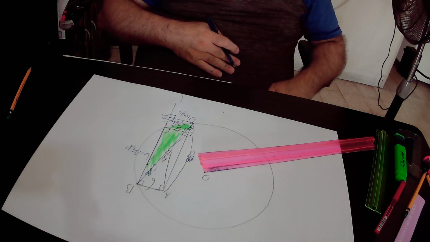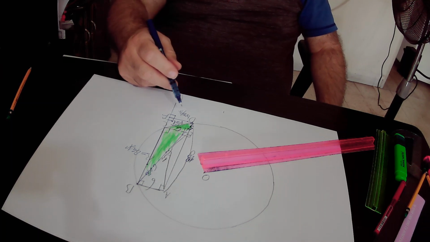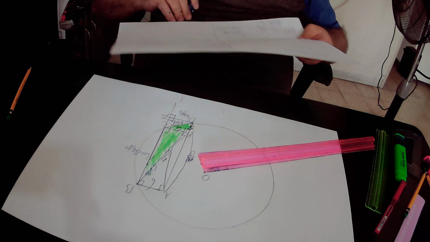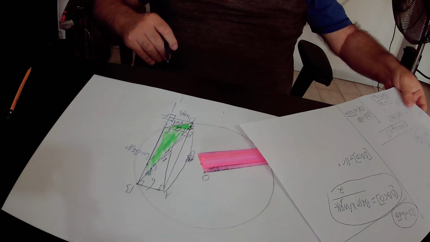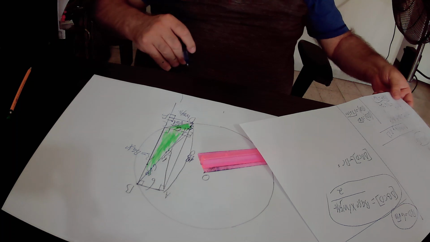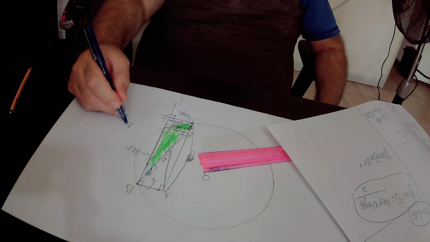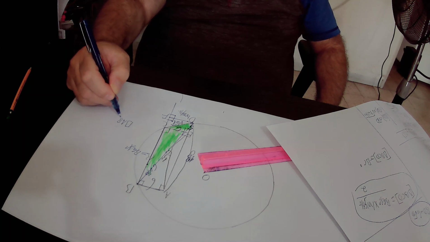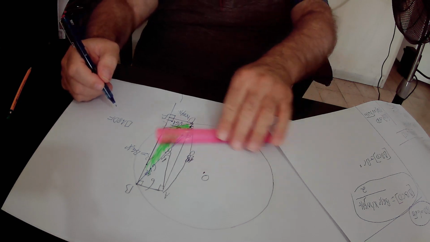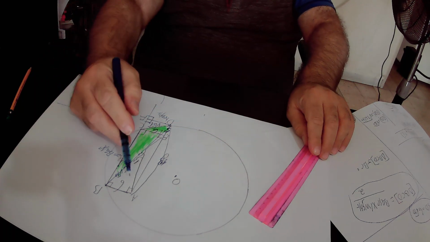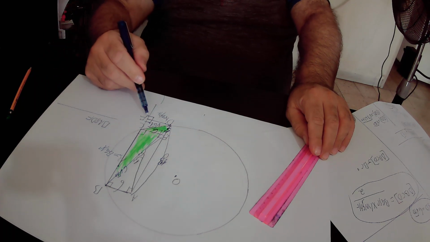Here, by drawing this perpendicular DF, we created quadrilateral ABDF. Inside quadrilateral ABDF, we have 1, 2, 3 right angles.